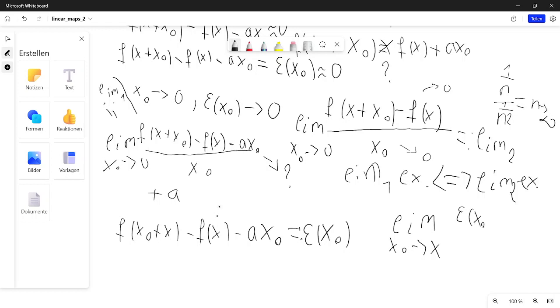This should go to 0, and that means that this function should actually go to 0 faster than linear. And that is faster than linear disappearance.